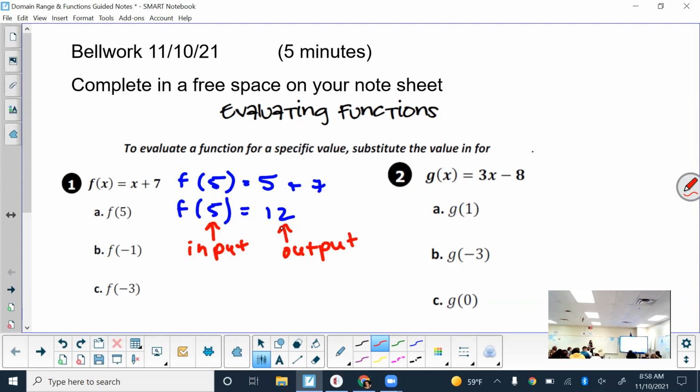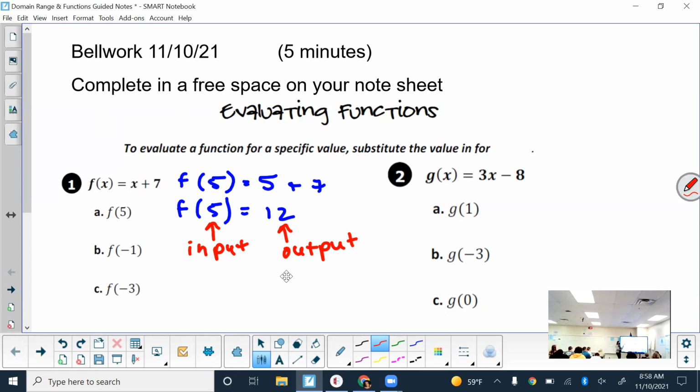So be able to do that, be able to solve it, to plug it in and solve, and then to interpret it. So if this was like how many tickets were sold and how much money was made, then you should be able to tell me 5 tickets were sold and we made $12. Right? So be able to interpret it. Questions about that?